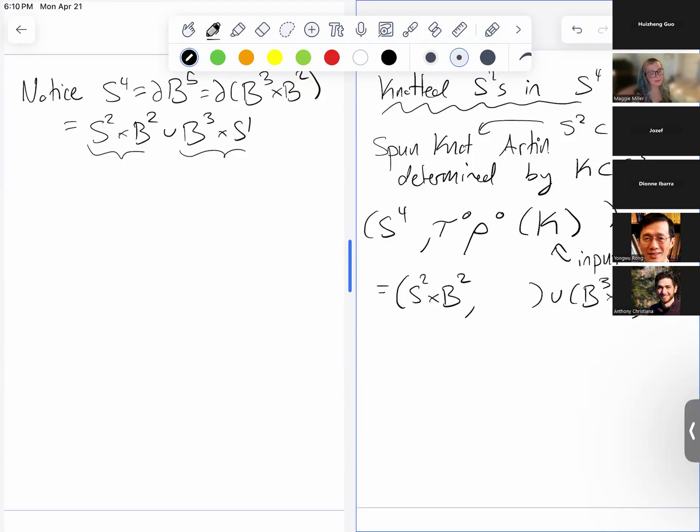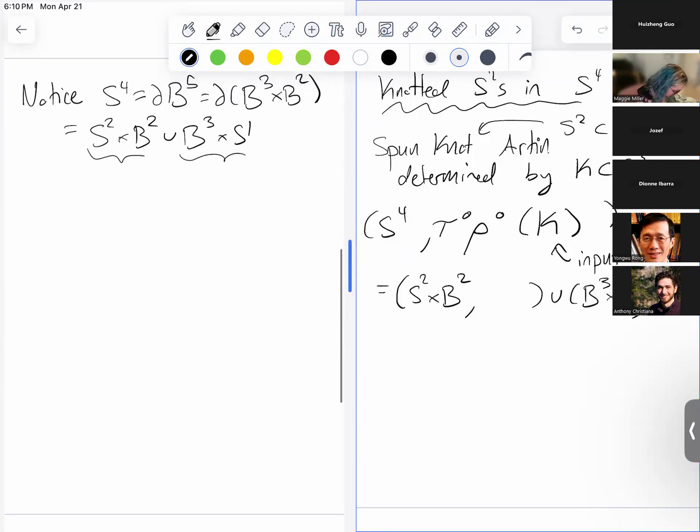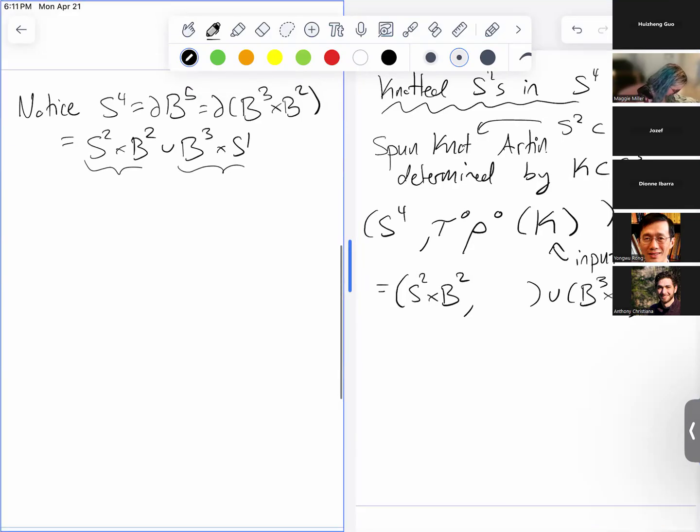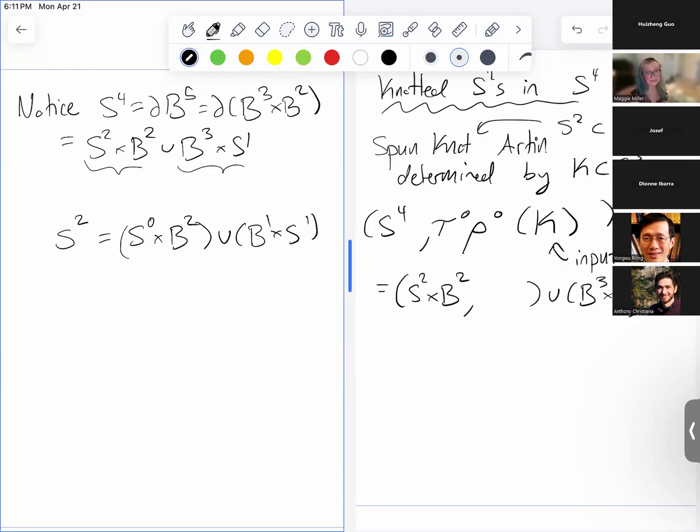And at the same time that I'm splitting S4, I also see here that I'm going to have a decomposition of S2 into two pieces. So I might notice the same thing about S2, but here I can just draw it because you'll all know that this is true. S2 splits as a union of S0 cross B2 union B1 cross S1. It's exactly this decomposition, but down two dimensions.